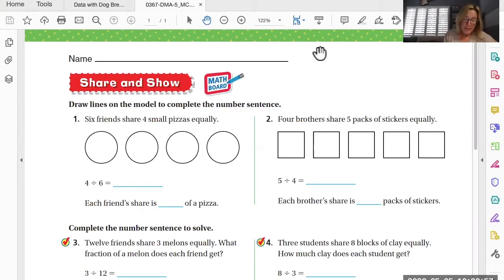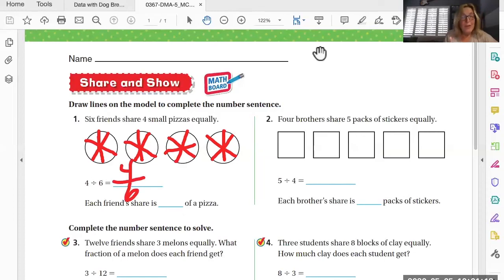Well, for 6 friends, each one of them needs to be broken into 6 equal pieces. So something like that. And 4 divided by 6 is 4/6, but we know that we can simplify that to 2/3.